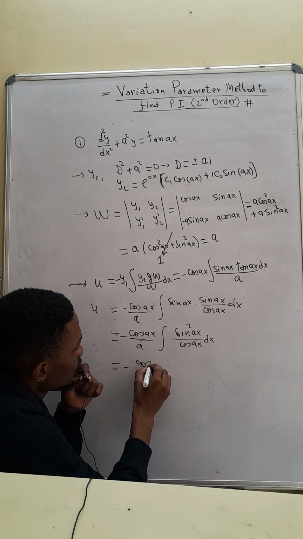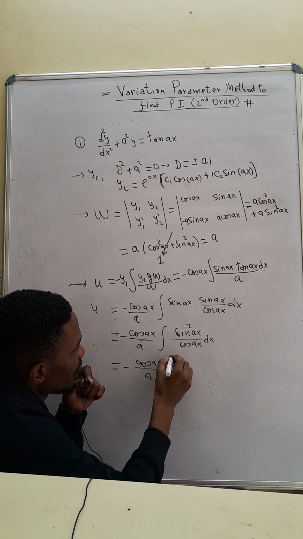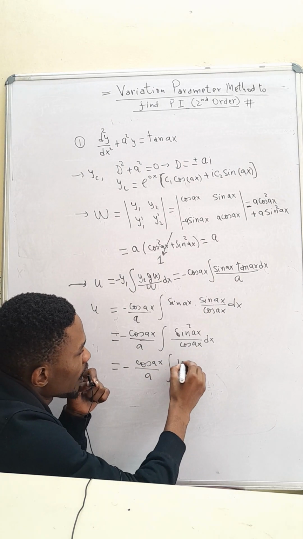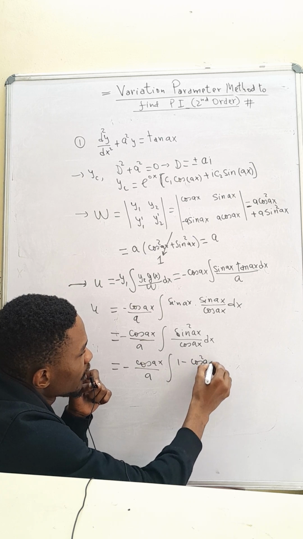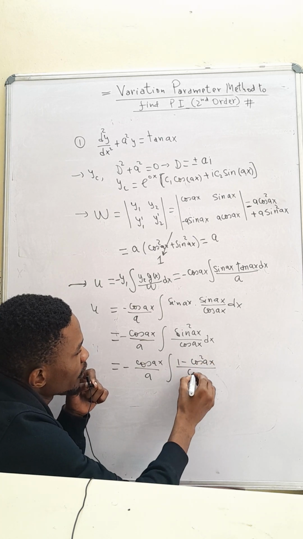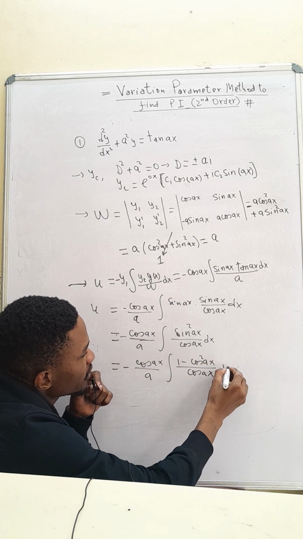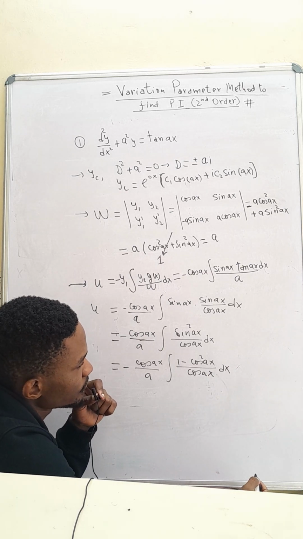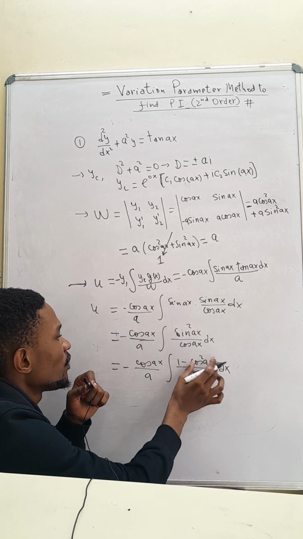This will be minus cos ax upon a, integration 1 minus cos square ax all upon cos ax dx. Simple.